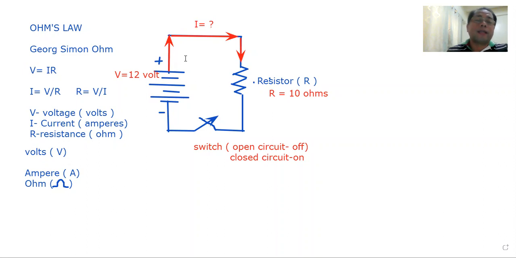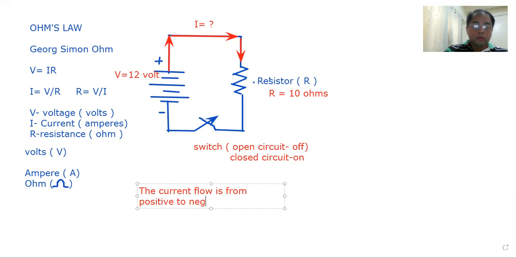Okay, so the current flow is positive to negative. This is what they call conventional current flow.